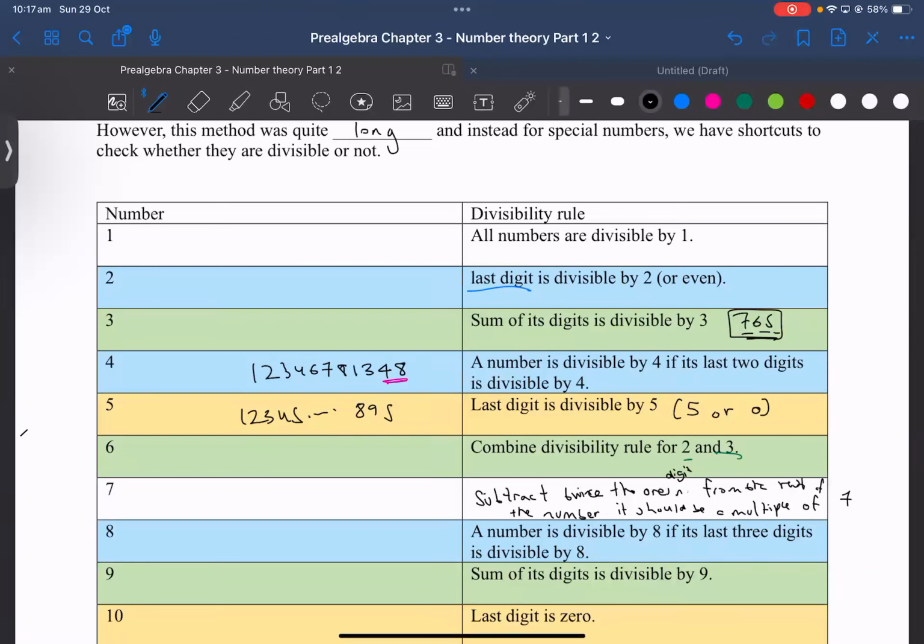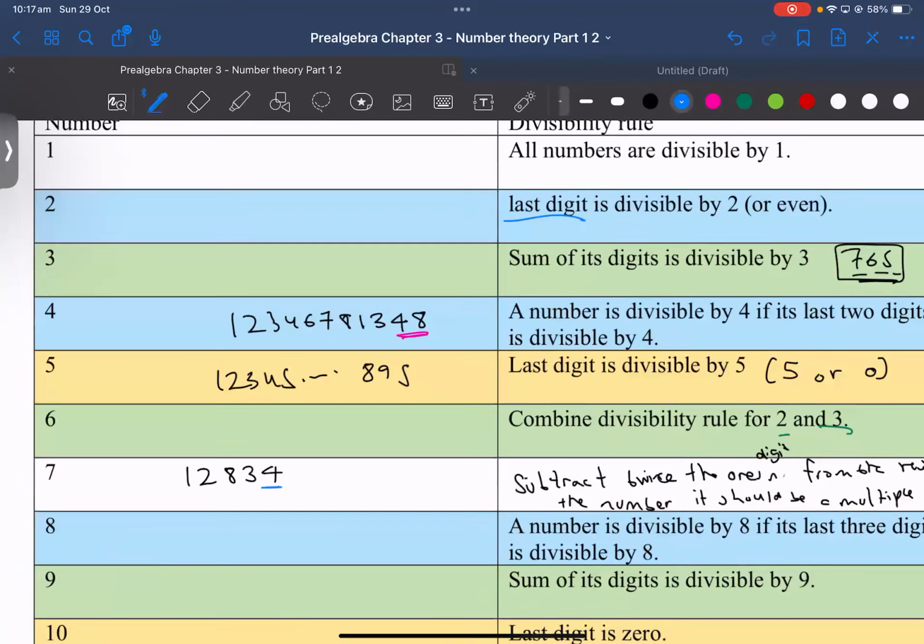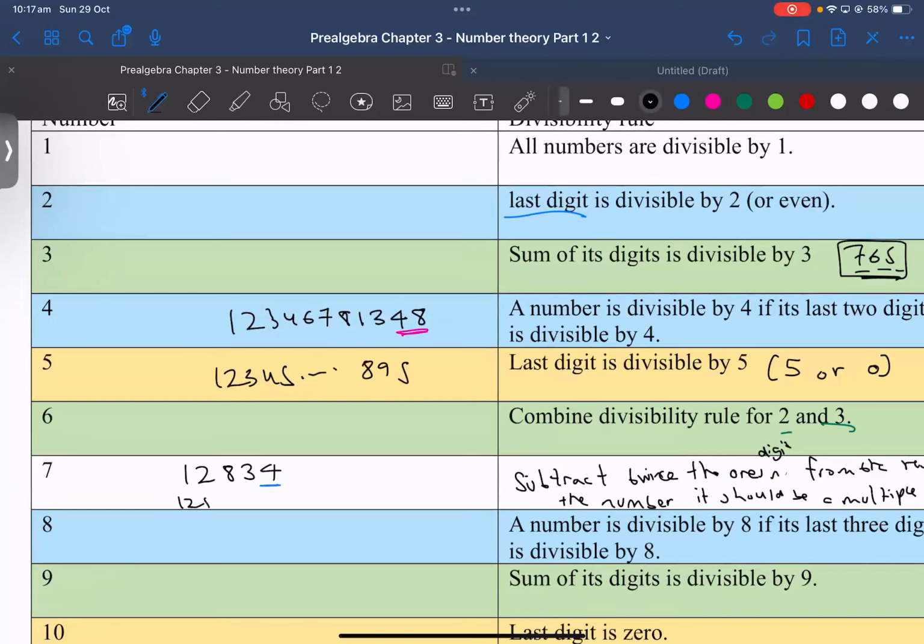Wouldn't that be hard for bigger numbers? You just keep doing that though. So I'll show you a big one. 1283 4, right? What you do is you double this last number, which is 4, and take that away from 1283. 8, 1275. Now you check if this is divisible by 7. Double this number, 5, and take it away from 127. 127 minus 5 times 2 is 10. 117.